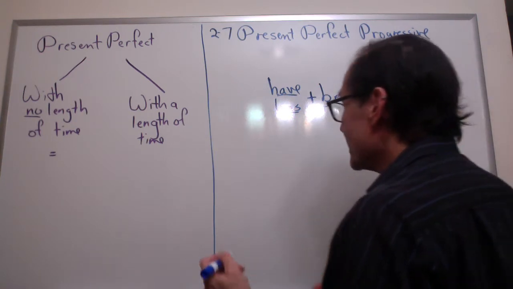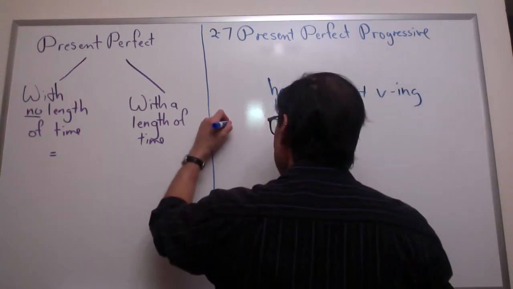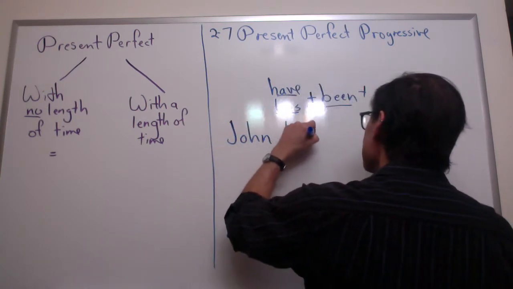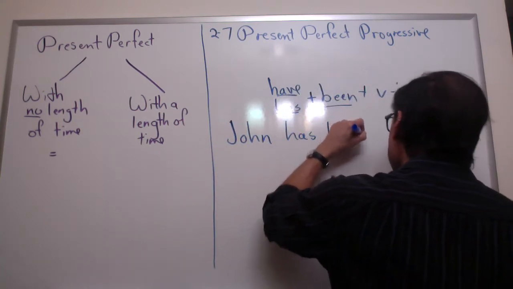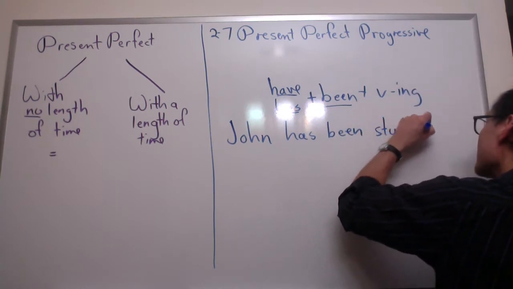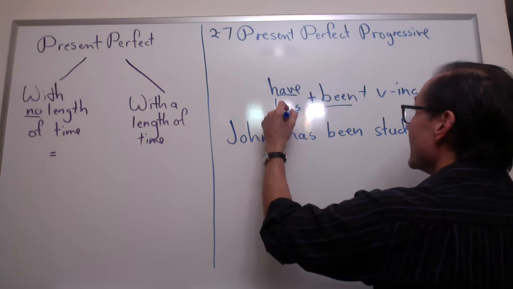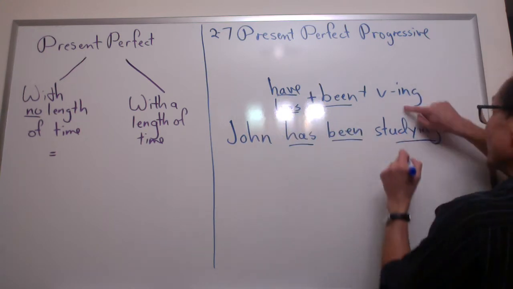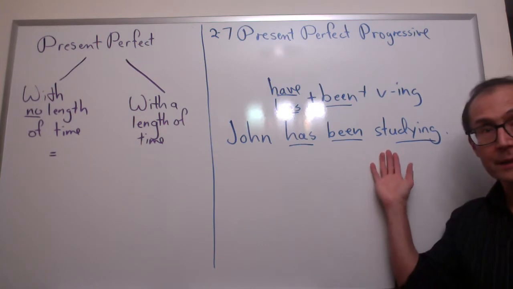Okay? So to make a statement, I'd say, John has been studying. And you see I have or has plus been plus verb ing, studying.